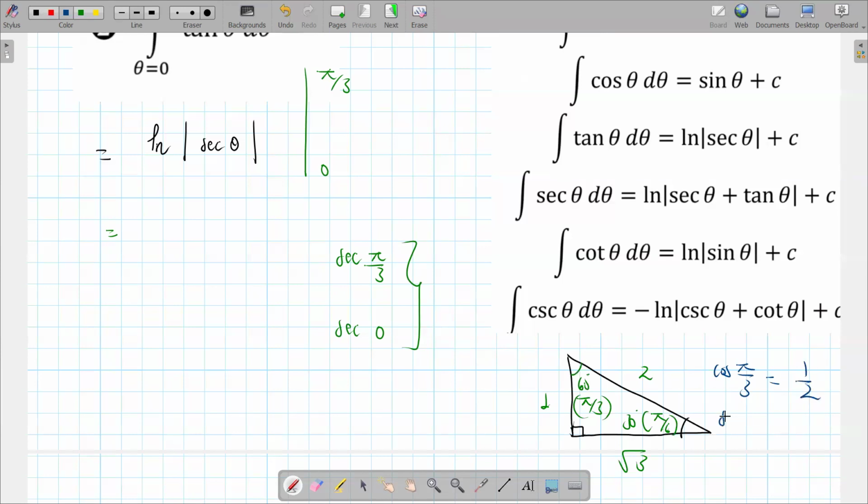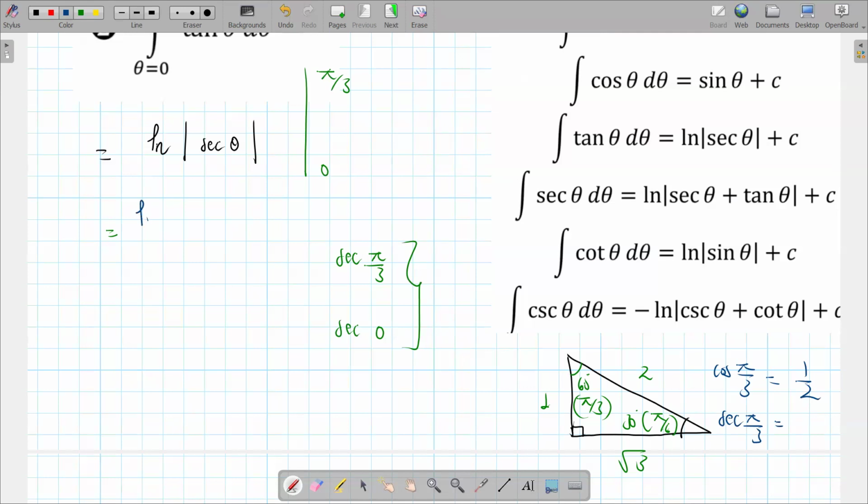So what is sec of pi over 3? Remember, secant is just cosine flipped upside down. If cosine is 1 over 2, secant would be 2 over 1. It just flips upside down.